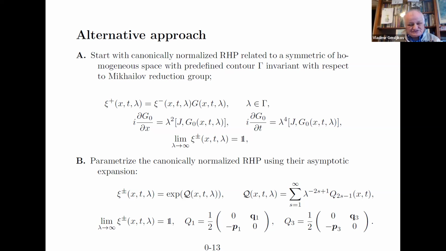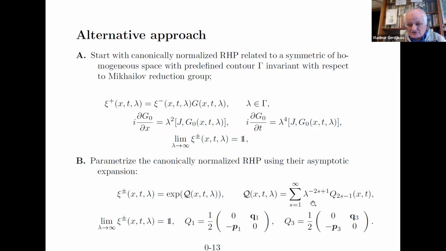So the second step is to introduce a parametrization of the Riemann-Hilbert problem. And we introduce it using their asymptotic expansion. Psi plus and psi minus have the same asymptotic expansion, and we formulate it as the exponential of this Q twiddle, or whatever, which depends on x, t, and which is a series over the inverse powers of lambda.